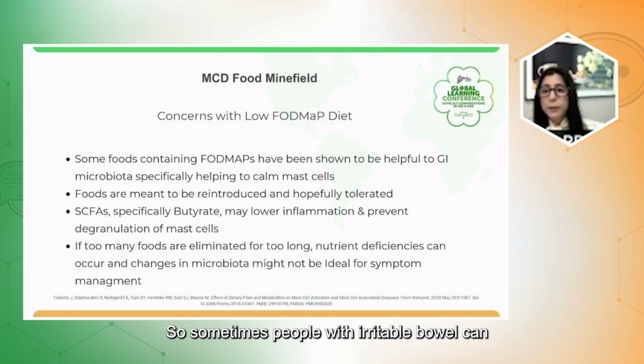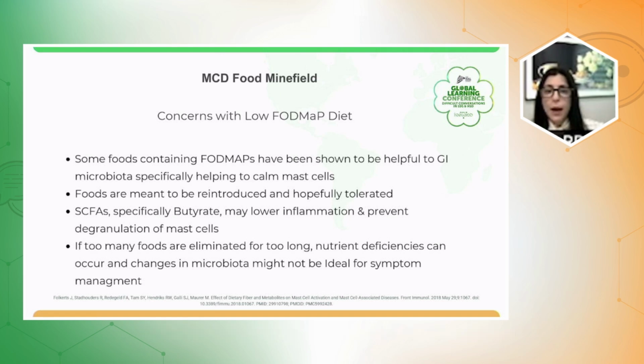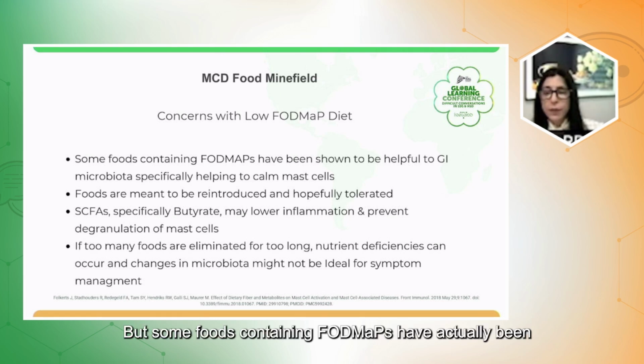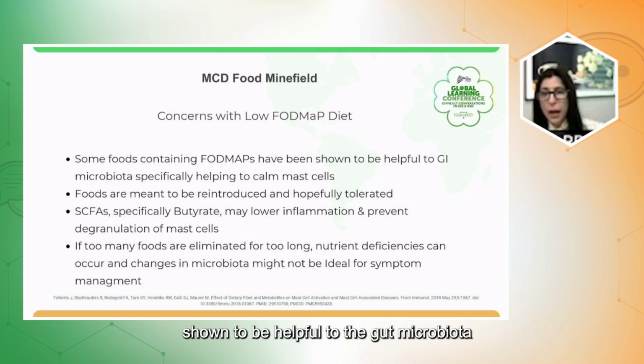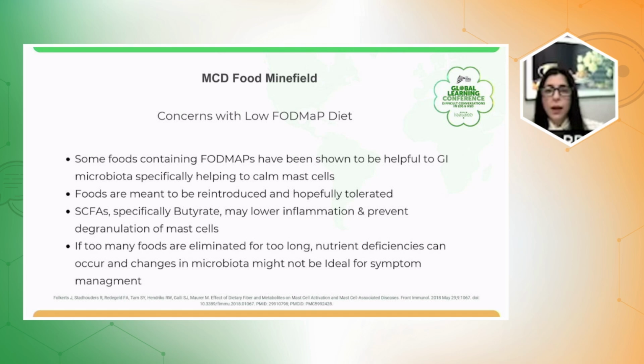Sometimes people with irritable bowel can feel significant relief with the elimination and reintroduction and figuring out which specific foods are the culprit for them. But some foods containing FODMAPs have actually been shown to be helpful to the gut microbiota, and even to helping calm mast cells. So it's not always indicated for every patient to do this.